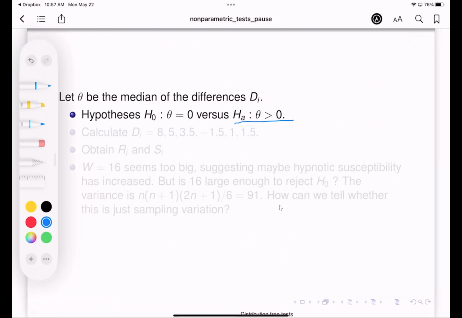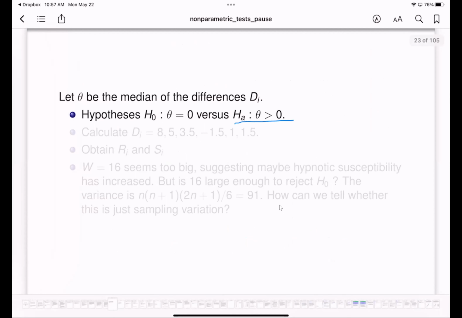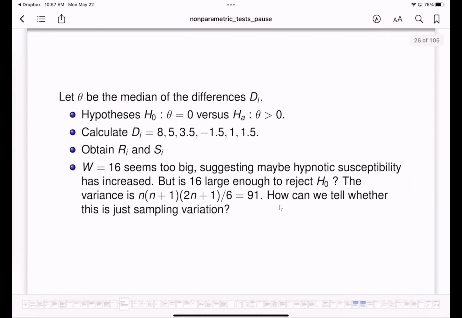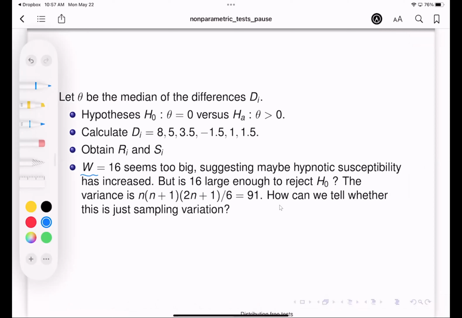For this case, when we do the test, this basically lists the procedure I explained on the previous slide: calculate the difference, calculate the rank and the sign, and get the sum of the signed ranks. Once we get that, we use the distribution of the Wilcoxon signed rank statistic to decide whether this is significant or not.